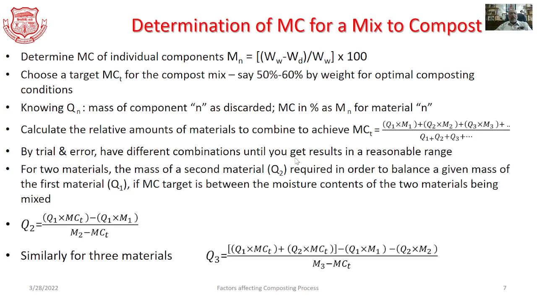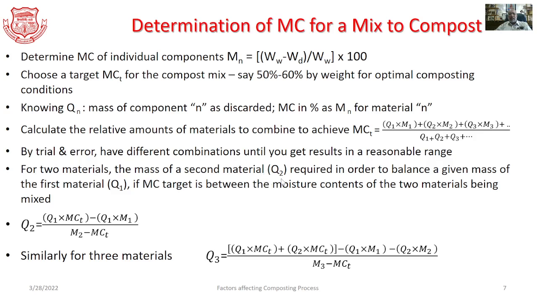So by trial and error, we can have different combinations until we compute the resultant target in a reasonable range.